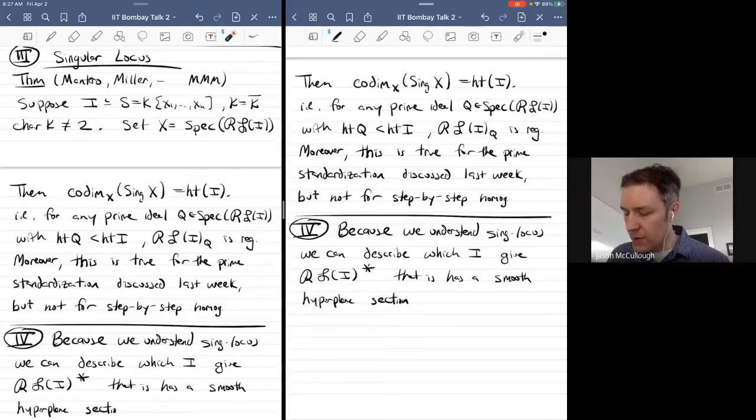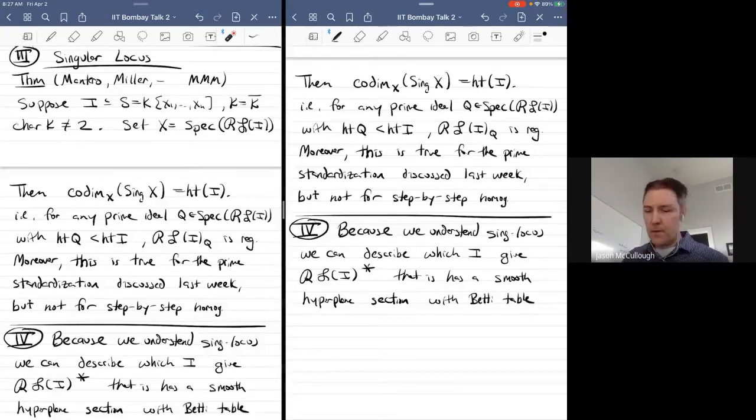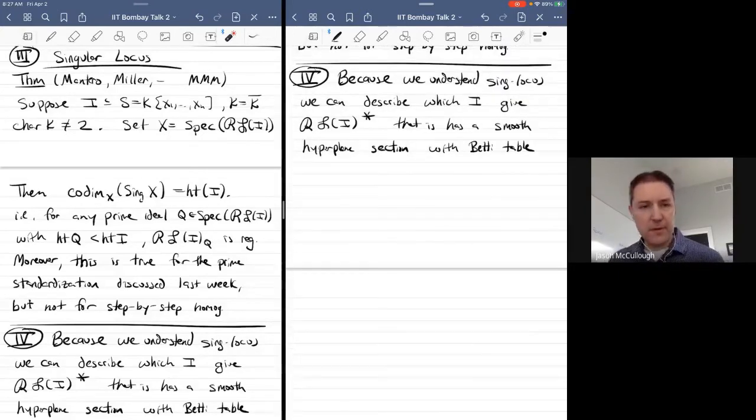Well, but I don't want to lose the information of the resolution, so I want a smooth hyperplane section that has the same Betti table. And so here, that's where knowing the precise depth of these rings was very important.